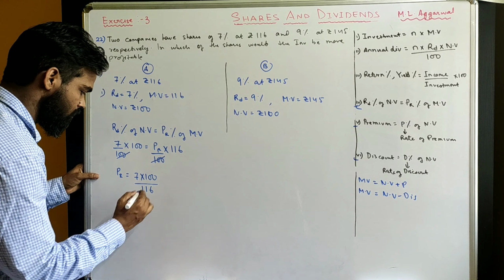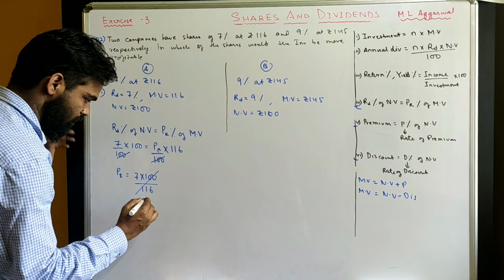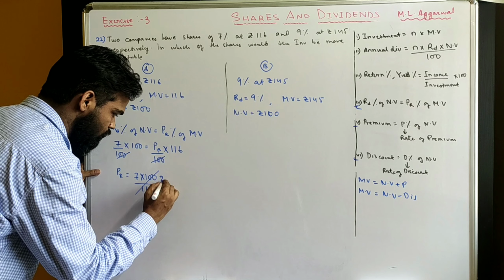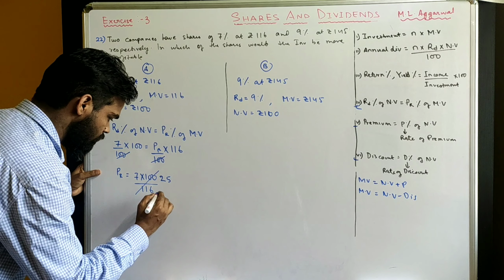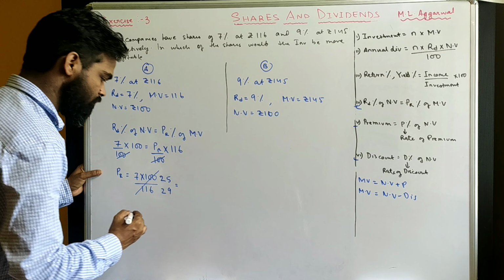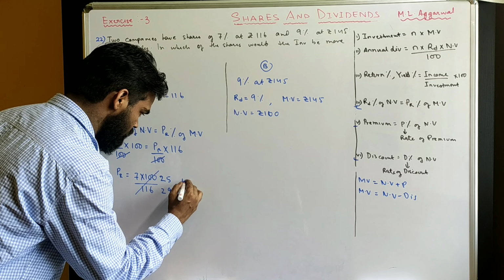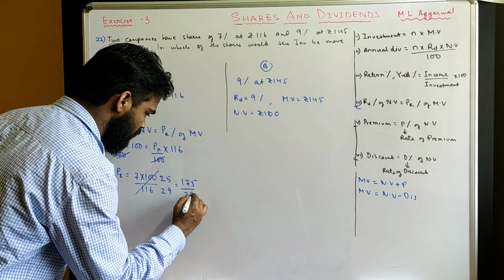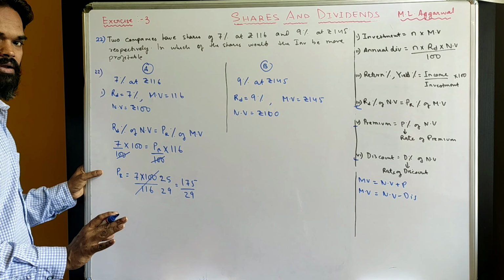Am I clear? So that cancels by 4, 4 times 25, 4 times 29. So this becomes 175 by 29.